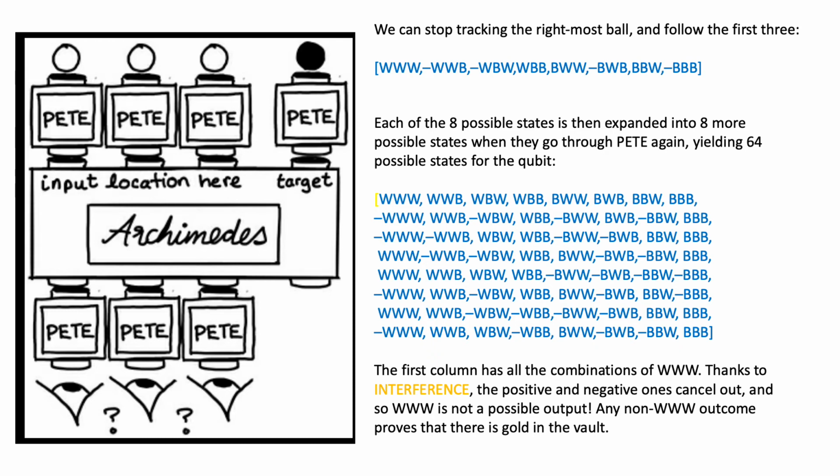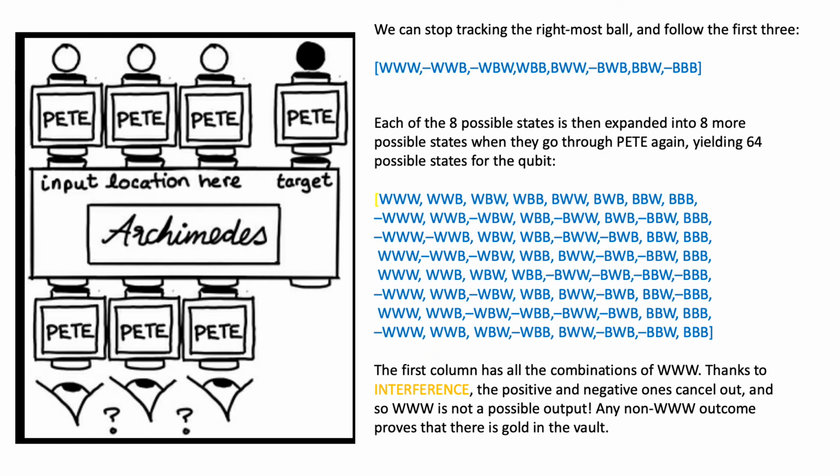Now, regardless of what state it's in, when these 3 qubits go through the PEAT boxes, each of those qubits is going to be randomized. So they may get to the 3 PEATs as white, white, white, but they're going to come out as any of white, white, white; white, white, black; white, black, white; white, black, black; black, white, white; black, white, black; black, black, white; or black, black, black.